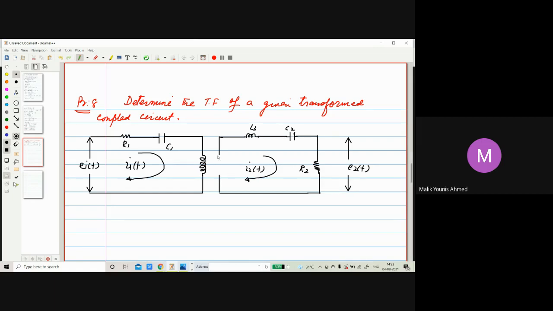Transformer coupled circuit. We have studied these circuits in the network. Okay, so dot conventions are here.